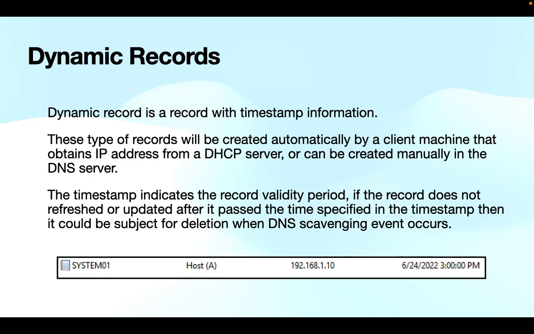When will it be deleted? When a DNS scavenging event occurs. Scavenging means records which have not been updated since 7, 5, 14, or 10 days, whatever we specify. After that timestamp, or 7 days, that record will get scavenged automatically. The scavenging process does not touch static records.